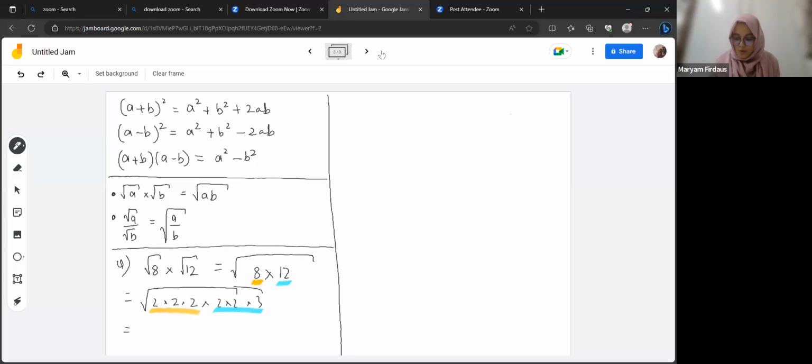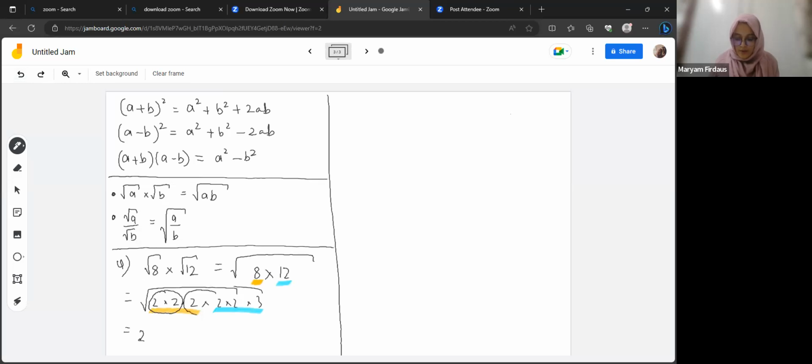So now we pair them up. We say 2 into 2, so we make one pair of 2. That means one 2 will come out. Meaning that both of them make a pair, and when they come out of the root, they will become just one 2.